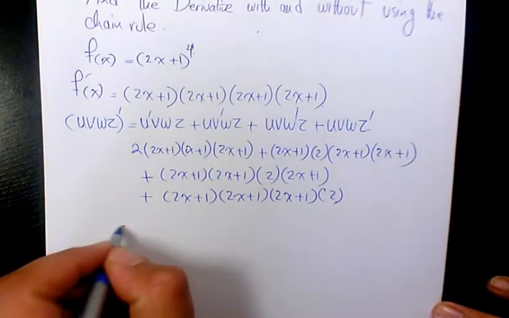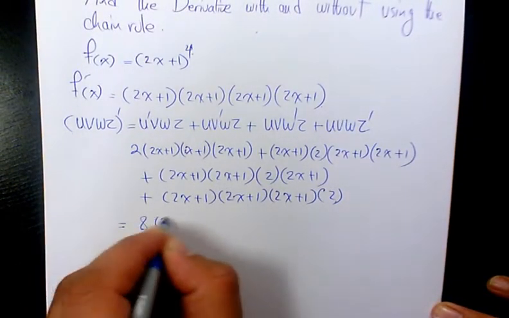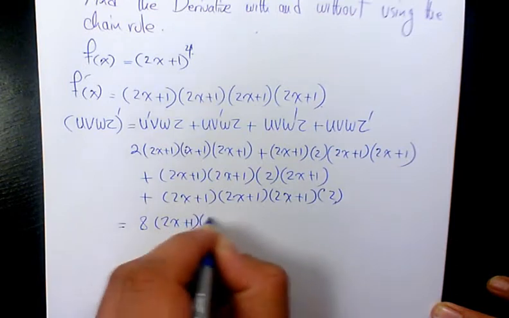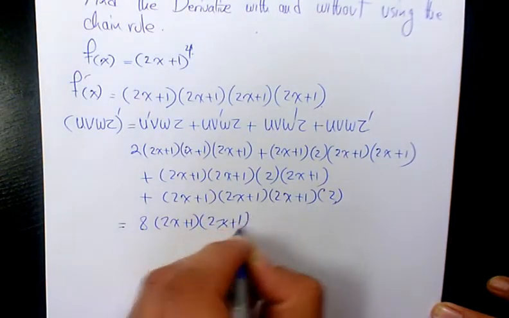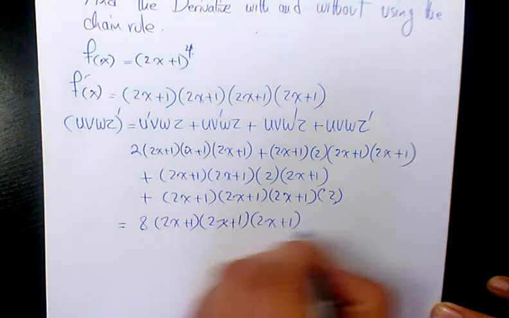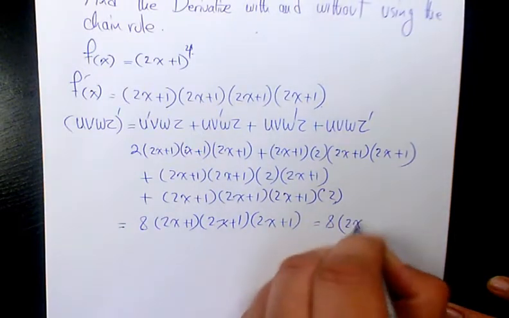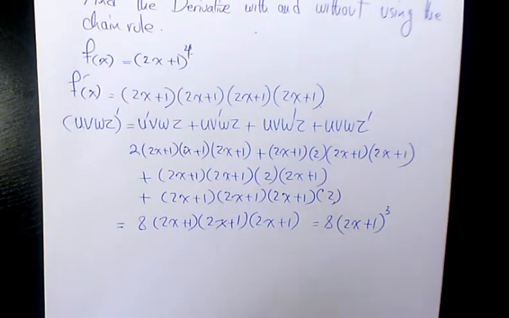So when you simplify it, it's going to be 8 times (2x + 1) times (2x + 1) times (2x + 1), which is 8 times (2x + 1) to the power of 3.